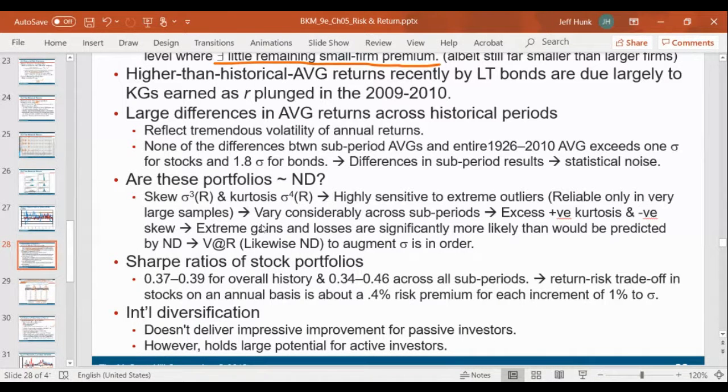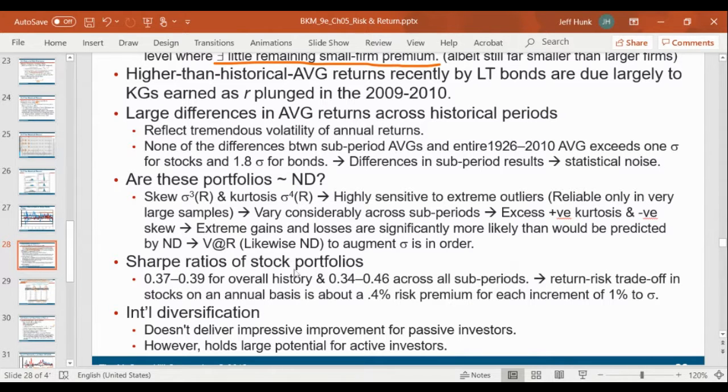So these statistics, skew and kurtosis, vary considerably across subperiods. And through and through, you can find excessive positive kurtosis. Positive kurtosis means the distribution is taller than normal. It's leptokurtic rather than mesokurtic.